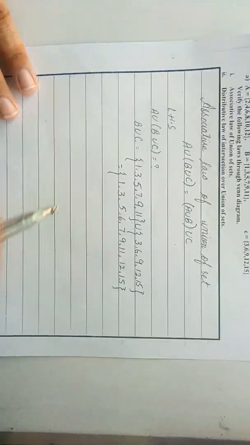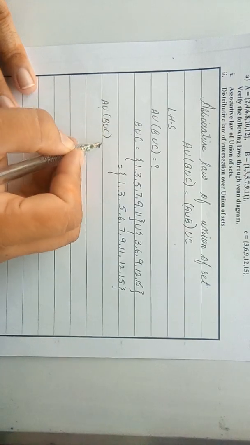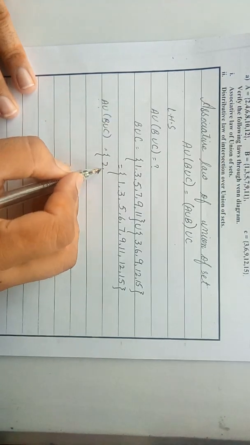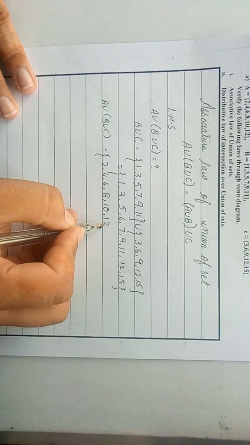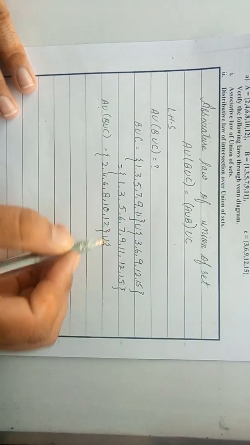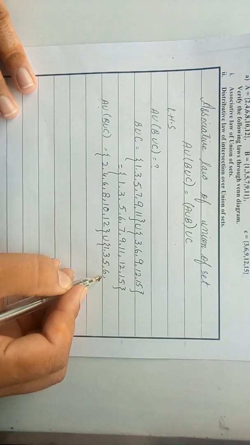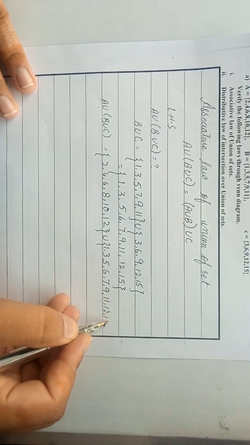Next we will find A union (B union C). For that, first we write set A, that is {2, 4, 6, 8, 10, 12}, and its union with B union C, that is {1, 3, 5, 6, 7, 9, 11, 12, 15}.